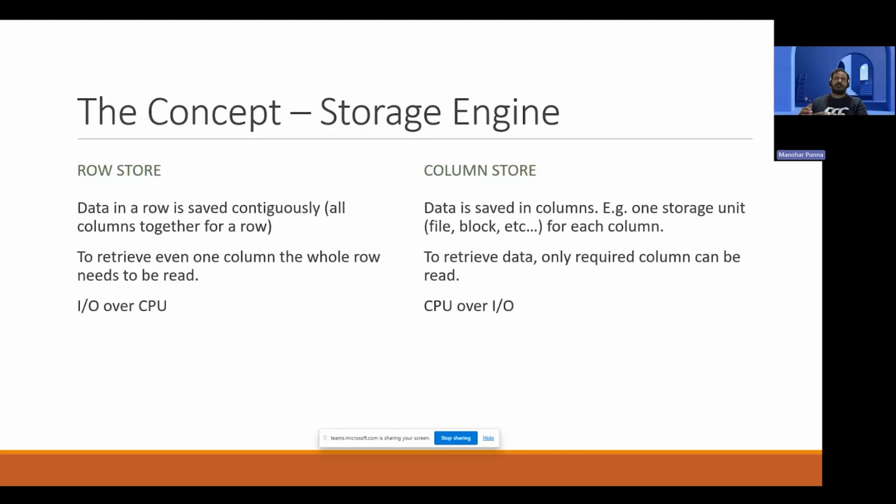Whereas with column store, your data is actually saved in columns. Each column is its own storage block, whether it's a file, a block or a page, or different storage units. This technology, columnar storage, has existed for probably close to three decades now. That concept has been built differently by different products. Some of them use files, some of them use blocks.